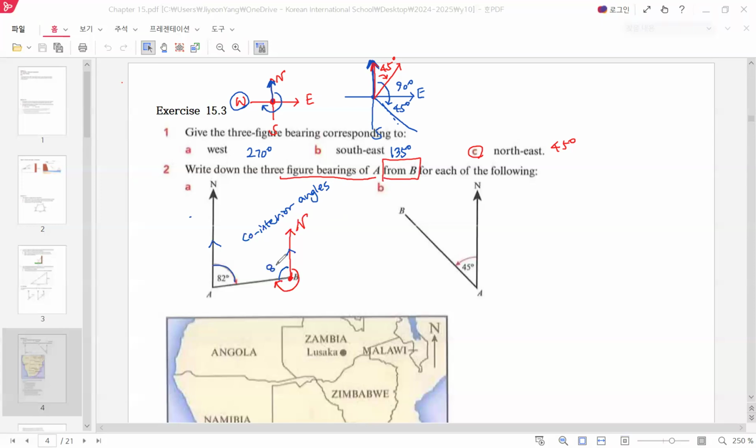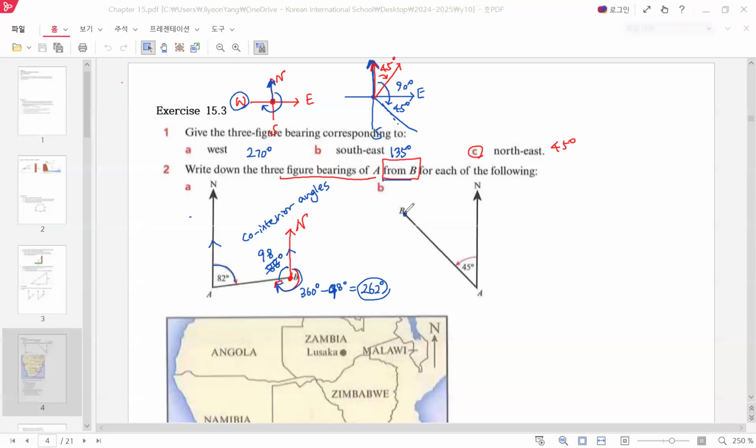So this angle is 98 degrees. I'm very sorry, it's not 88, it's 98. Then to measure the bearing, you subtract 98 from 360. 360 minus 98 is 262 degrees, which is the bearing of A from B.